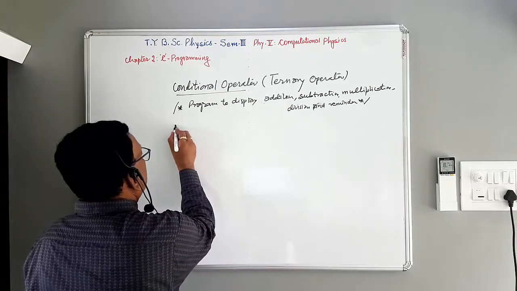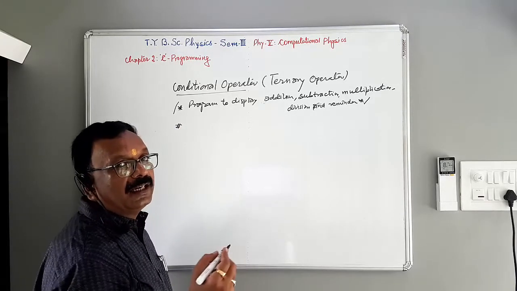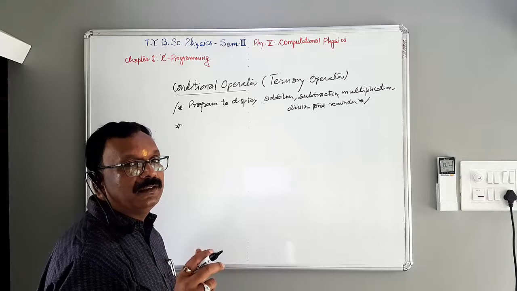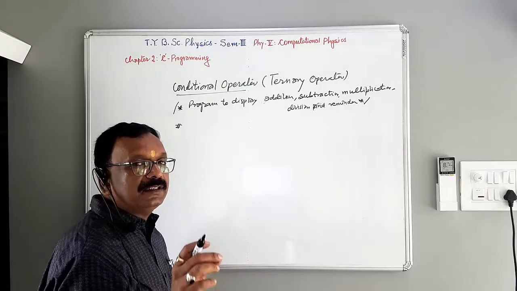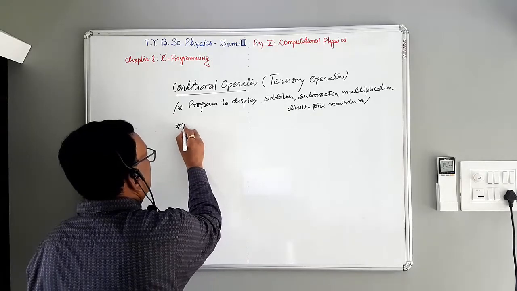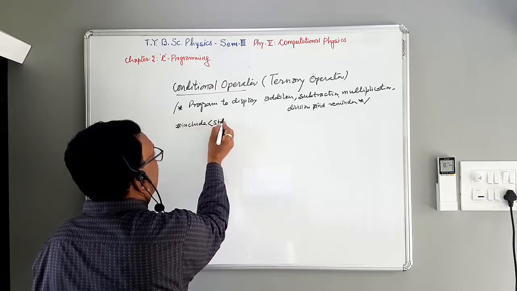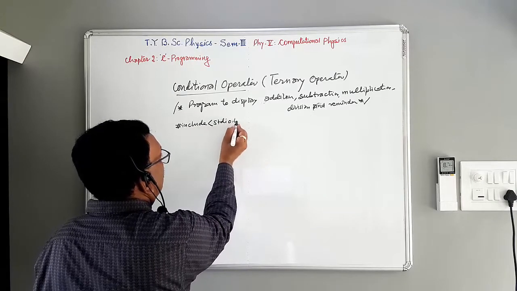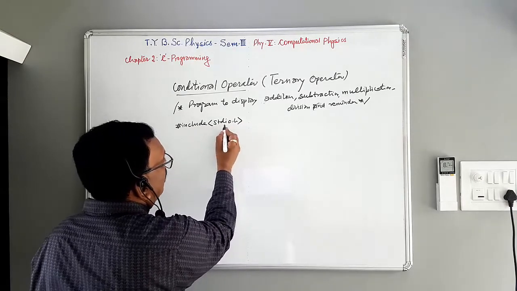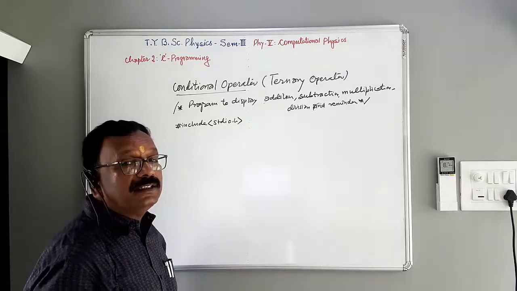Now, as usual, we want to include the standard input file, which is a header file placed in the C library. Therefore, #include <stdio.h>, the standard input output file, with the .h extension.